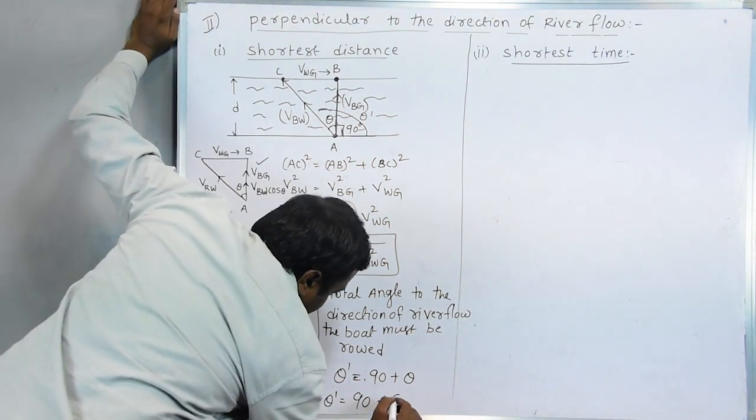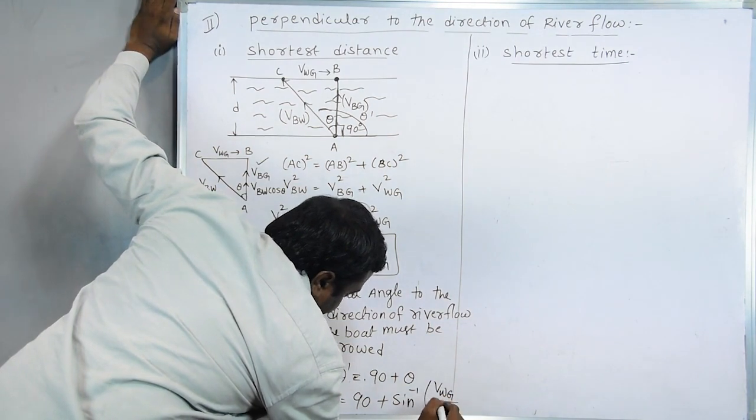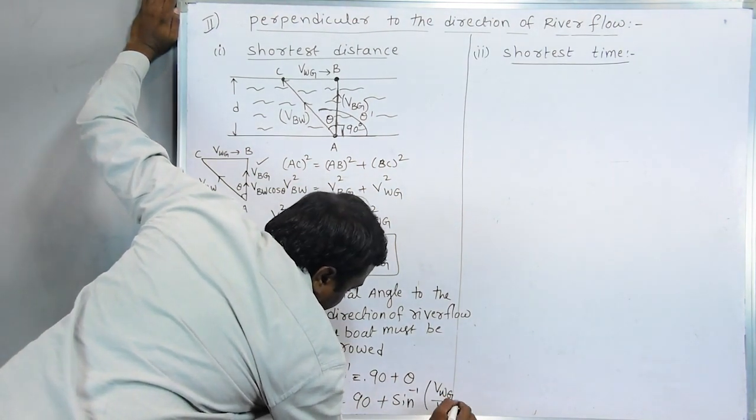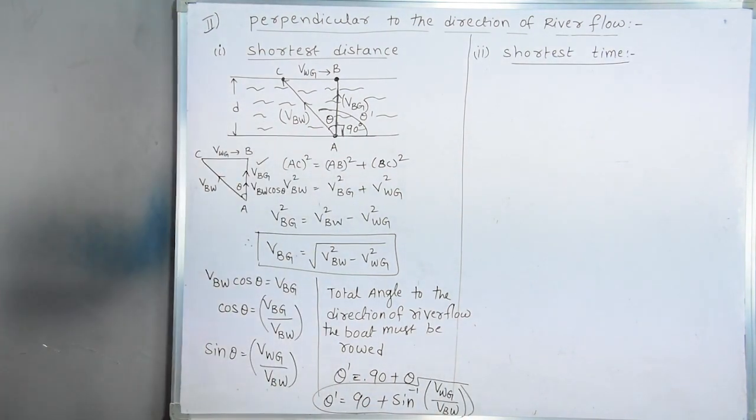How can we write theta? Sine inverse of V_WG divided by V_BW. Okay, got it?